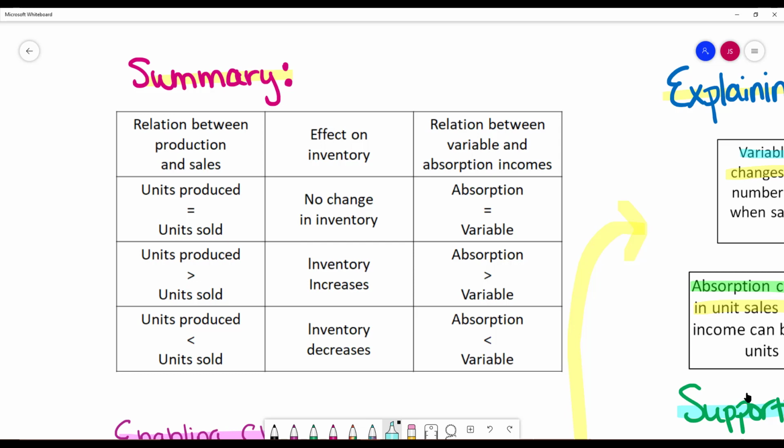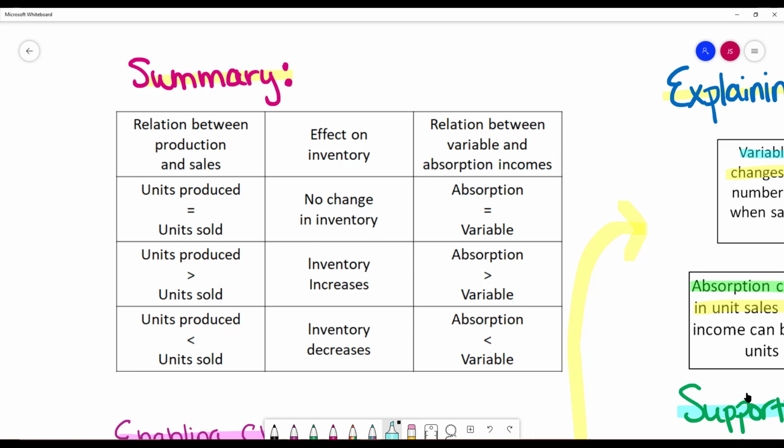So if the income statement under absorption costing has less cost on it compared to the variable costing income statement, it's going to have the higher net operating income. So when your units produced are more than your units sold, the absorption costing net operating income is going to be higher than the variable costing net operating income.